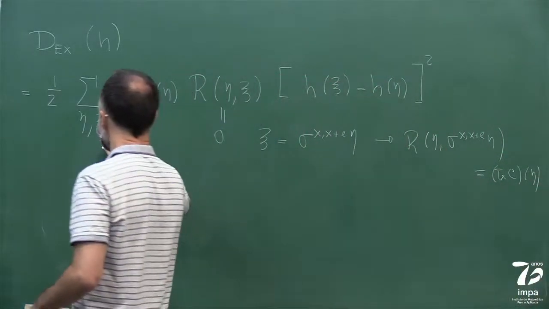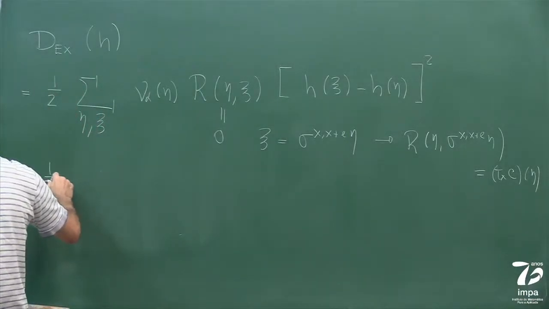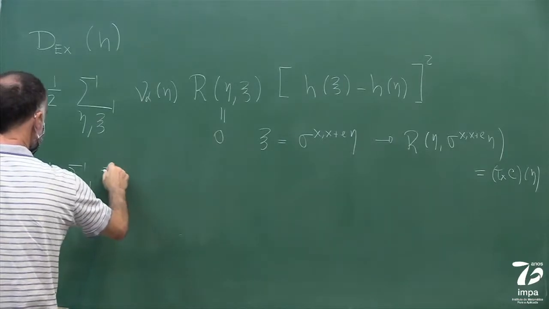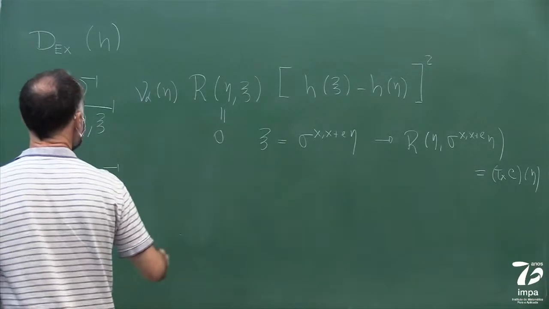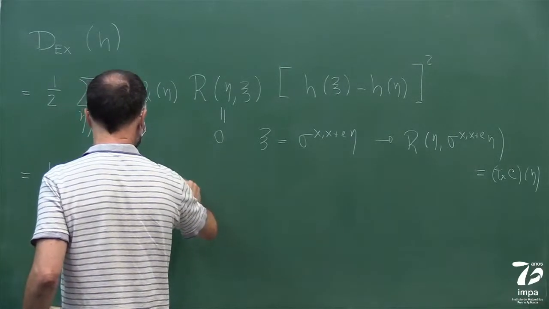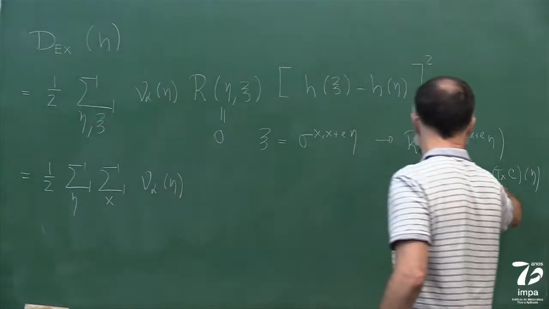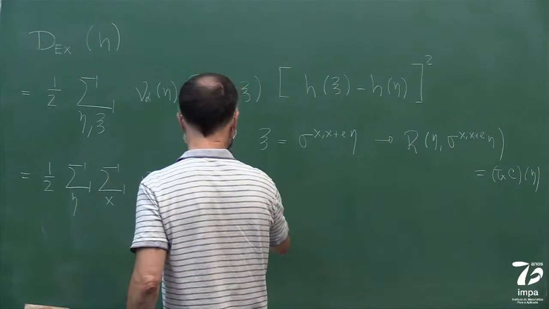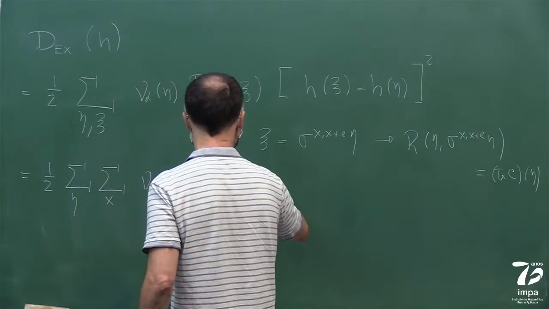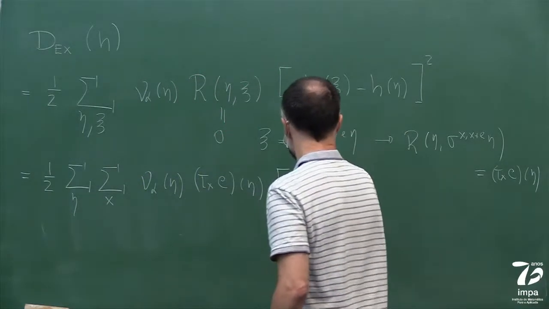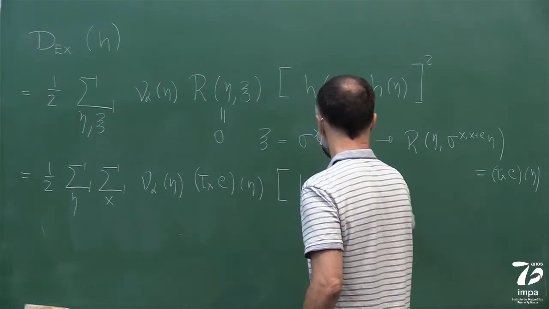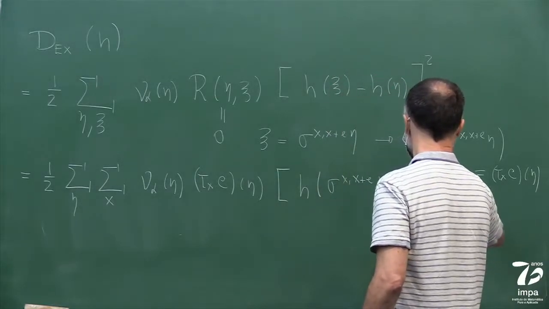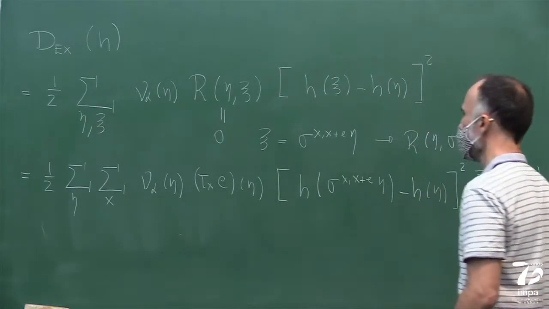So actually, this sum over xi is a sum over x. This rate now is given by that expression, tau x c of eta, and xi is this configuration, sigma x, x plus e of eta, minus h of eta square.